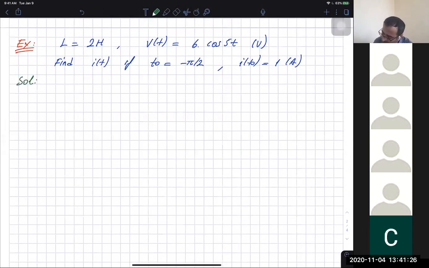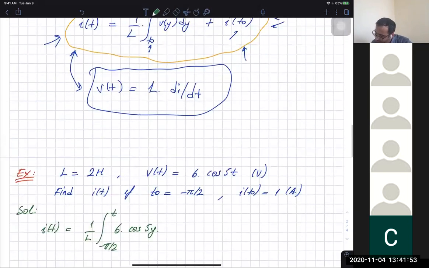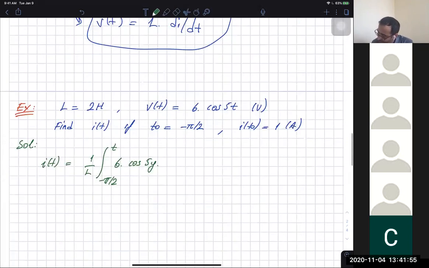So we know our current is going to be 1 over L times the integral from t0, which is minus pi over 2, I can just put it in here, right? And that will go until t. Here V(y) is 6 times cosine 5t, so I will put 6 times cosine 5y so that I don't confuse it with t, and then we have dy.